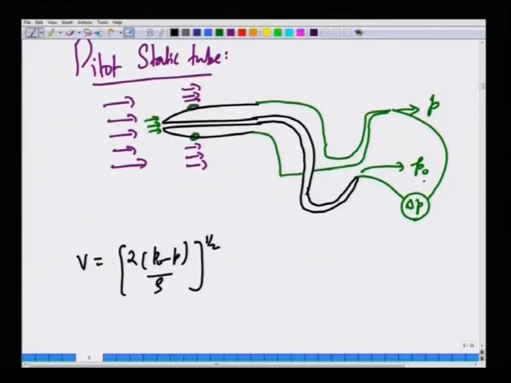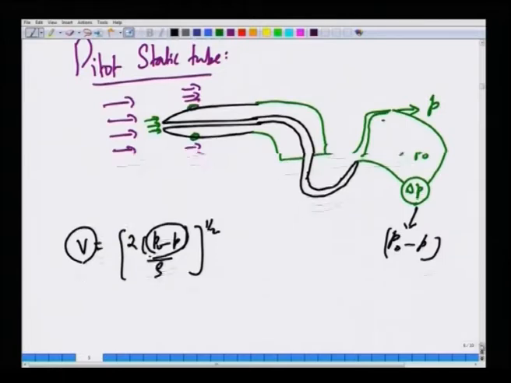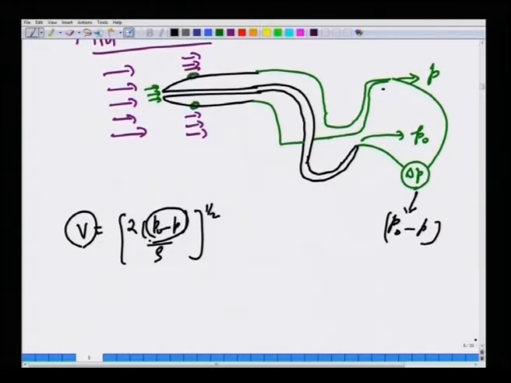Since we know P naught minus P through the measurement by connecting a manometer between this inner tube and outer tube, we can directly substitute that value here, and you will get a measure of the local velocity. So, you can imagine placing the pitot static tube at various points in the cross section of a pipe or a channel, and you can therefore measure the local velocity at each and every point.